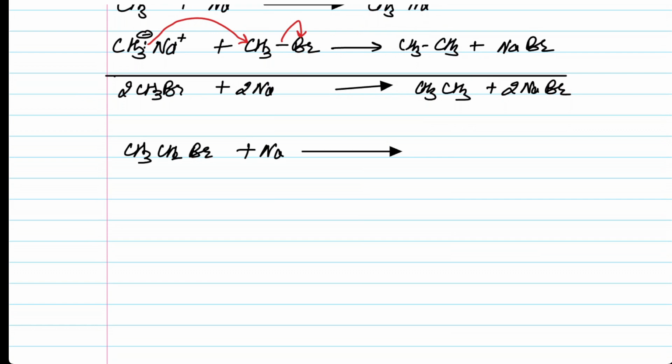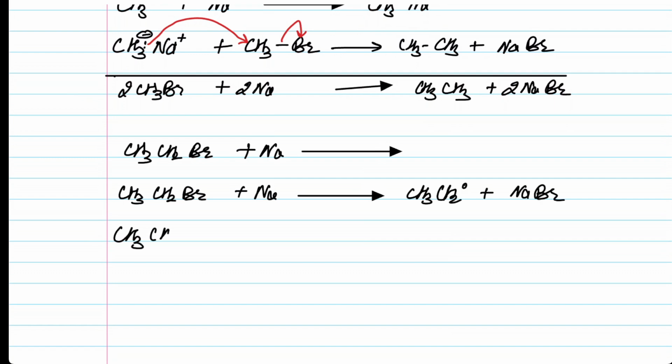Considering this particular reaction, again the mechanism would be the same. CH3CH2Br is going to react with Na. Here it is going to give us CH3CH2 radical along with NaBr. This CH3CH2 radical will react with another atom of sodium to give us CH3CH2 minus Na plus.